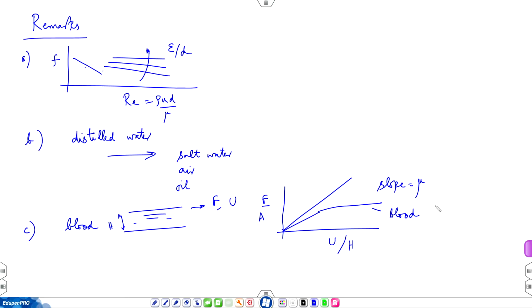So, if it does not have a well defined viscosity, then what it has is a collection of viscosities. Let us say it has two viscosities, mu 1 and mu 2. Then you have to put mu 1 and mu 2 in the functional relationship, not just a single mu.